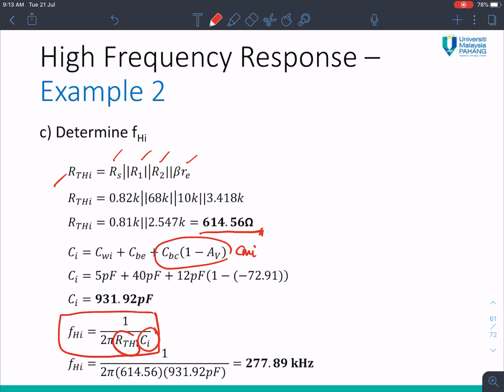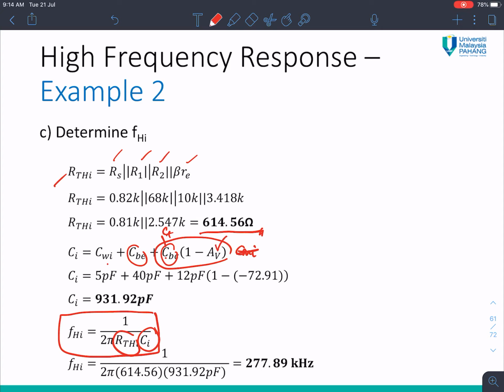I hope you do not make simple mistakes by replacing these numbers with other capacitors. For this formula, it must be CW in plus CBE plus CBC. Okay, this is the CF multiplied by 1 minus AV mid.